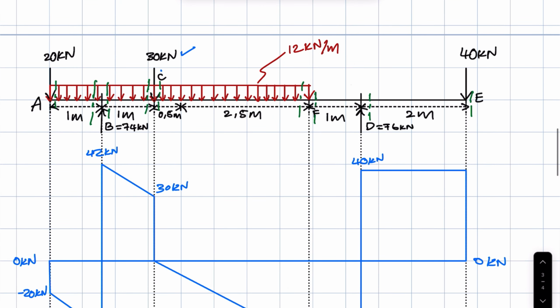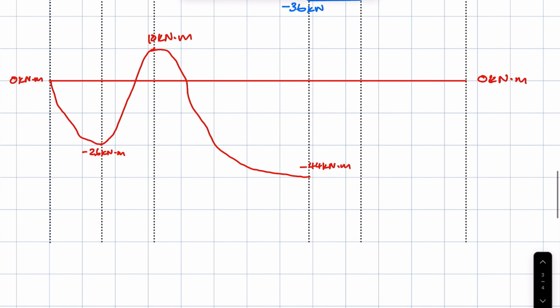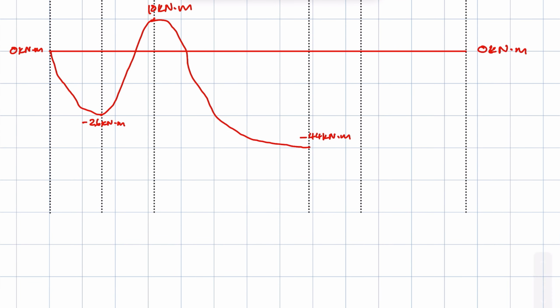So bending moment at D, because there's no UDL, we are going to draw a diagonal line now from the current point to point D. The way we draw the bending moment diagram, in the portion of the beam where there is no UDL, you simply just draw a diagonal line.